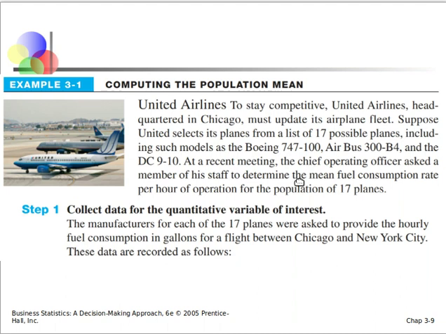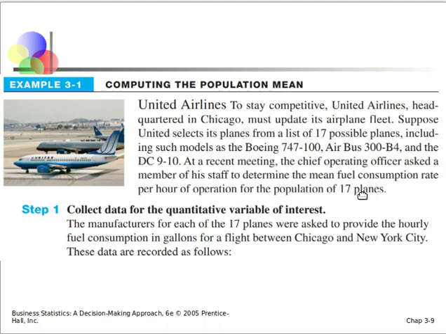At a recent meeting, the chief operating officer asked a member of his staff to determine the mean fuel consumption rate per hour of operation for the population of 17 planes, 17 kinds of planes.